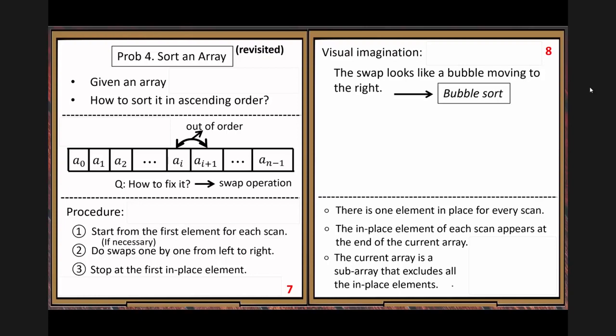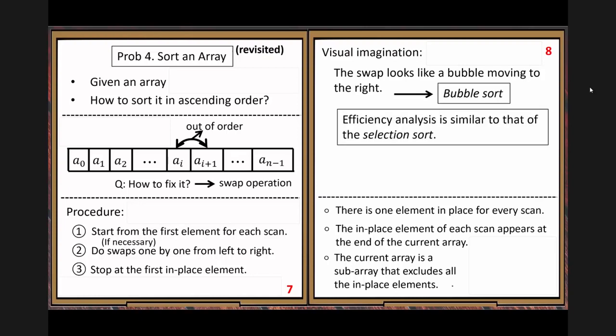But here, we discuss the properties, ideas, concepts, and all that problem-solving thinking, and we get the solution. Efficiency analysis: we need to count the number of comparisons. The analysis is similar to that of the selection sort.